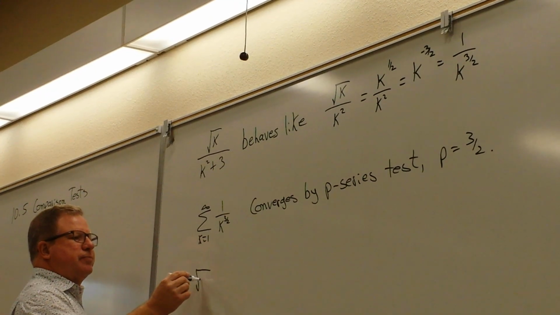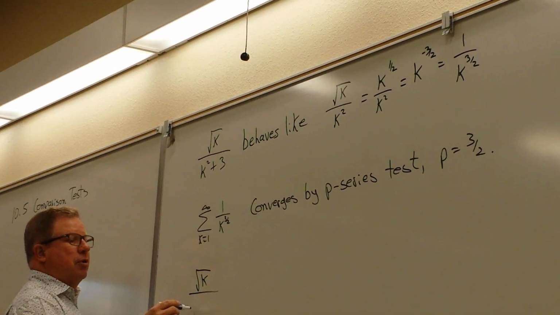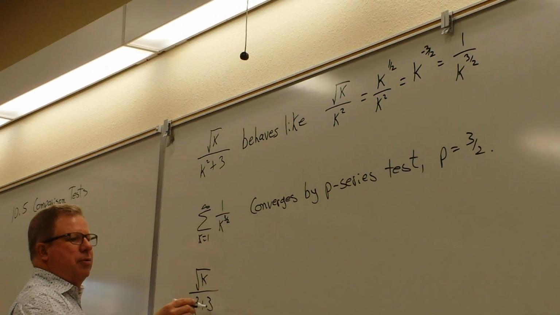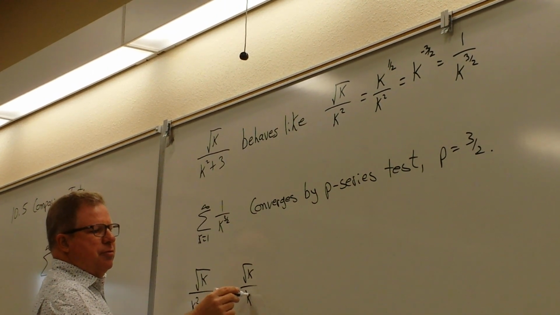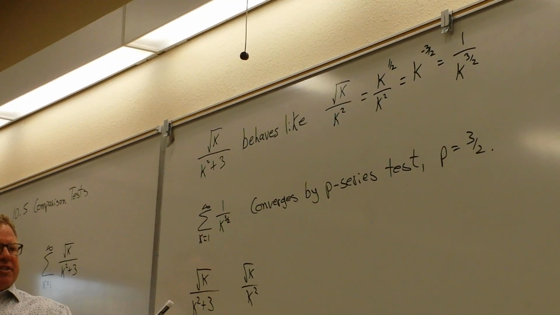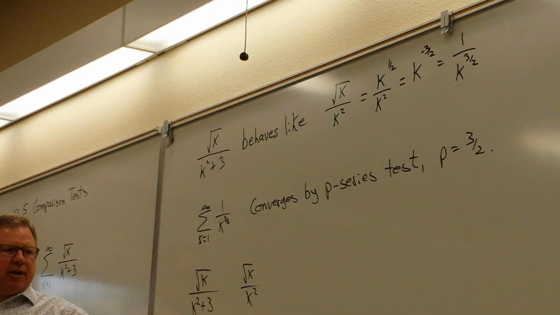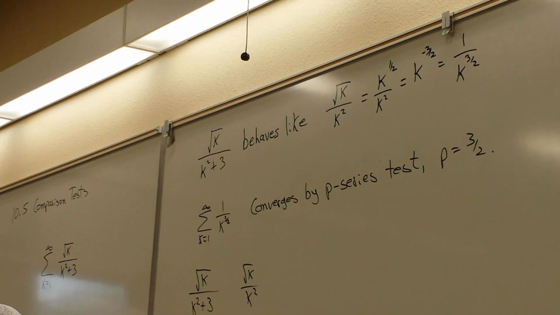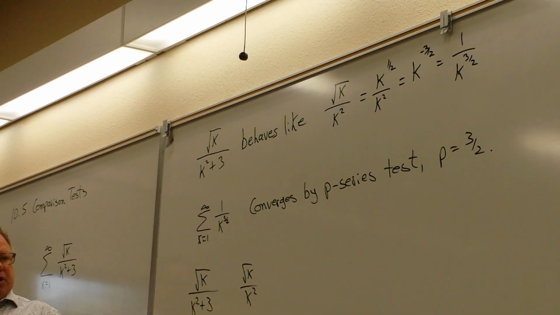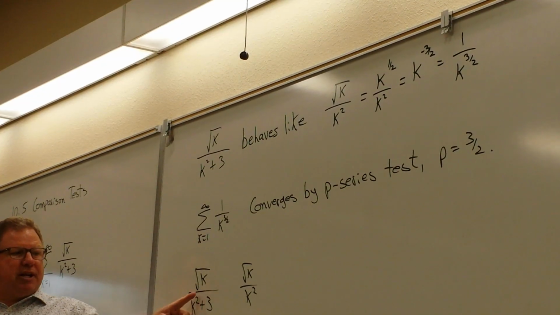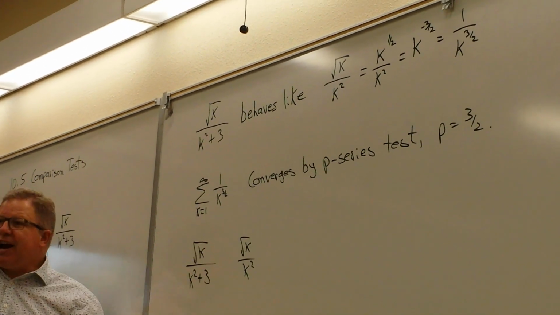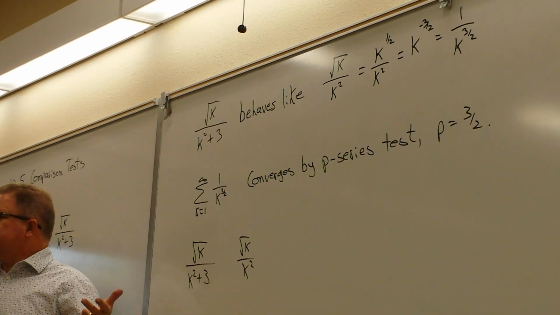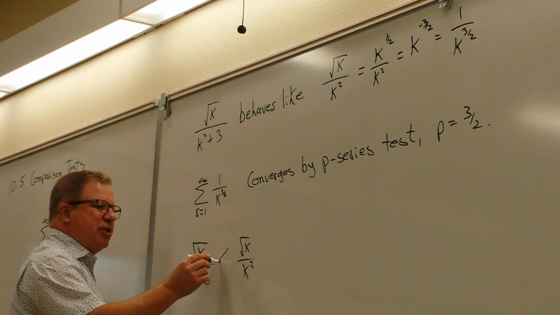This and this compare how? Is this less than or greater than that, for all values of k greater than or equal to 1? Because we're adding 3 in the denominator, we're making the denominator larger, right? A larger denominator makes the fraction smaller, doesn't it? So this is always less than that.